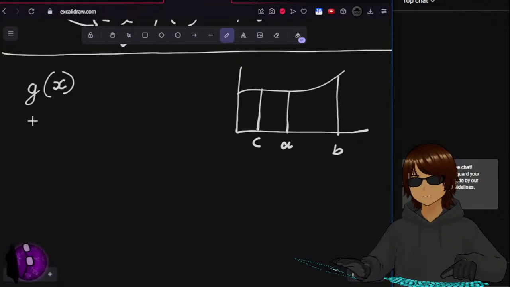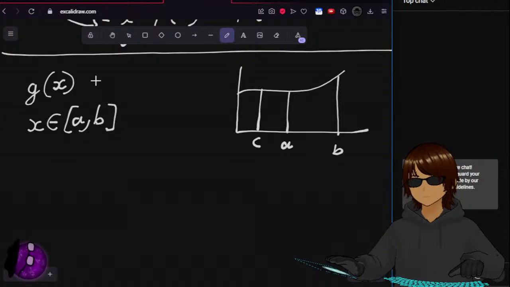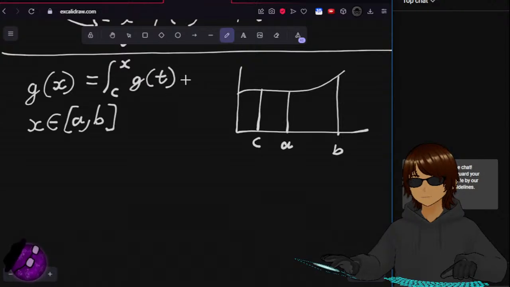X is between, I think I should do it like this, between a and b. So g of x is basically the area over here.